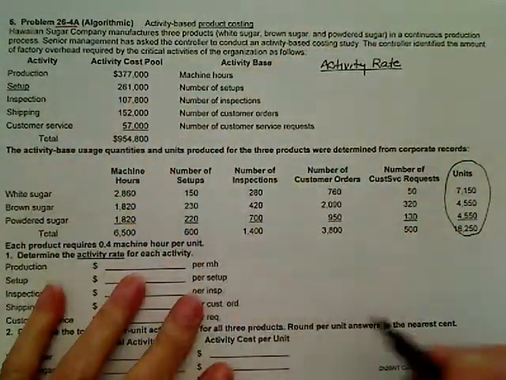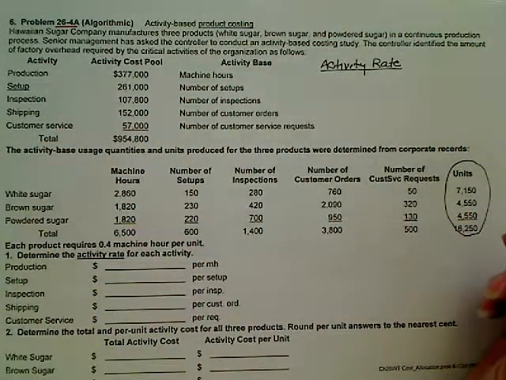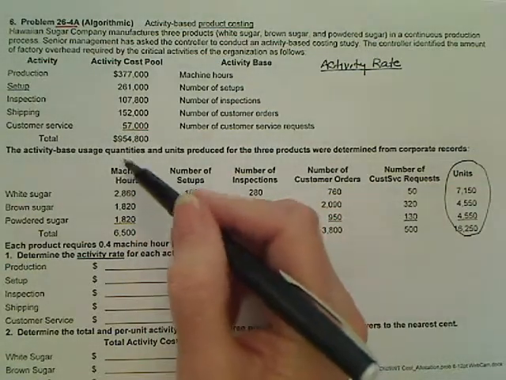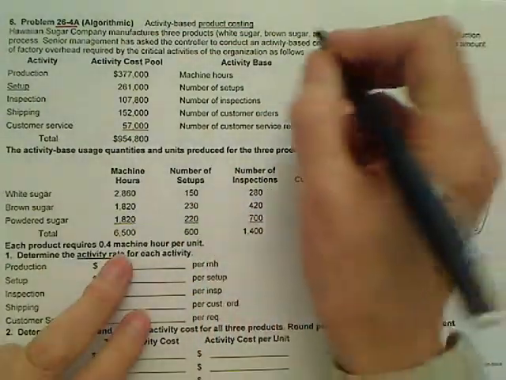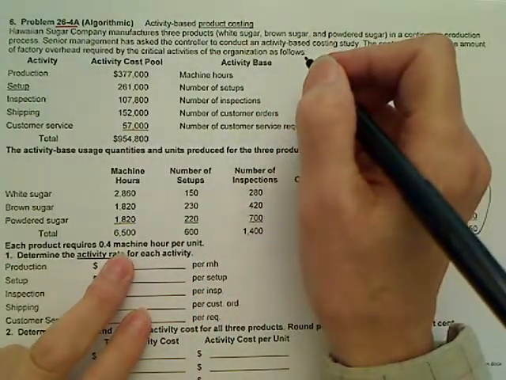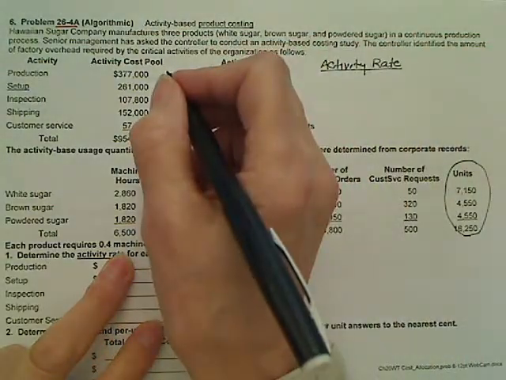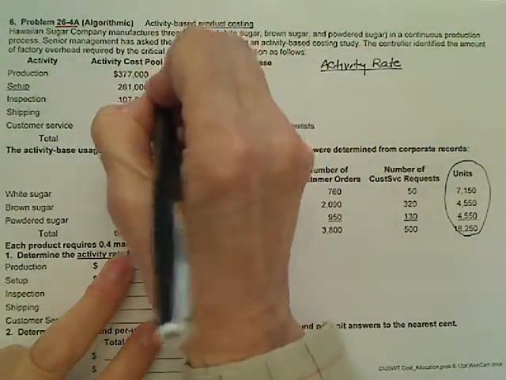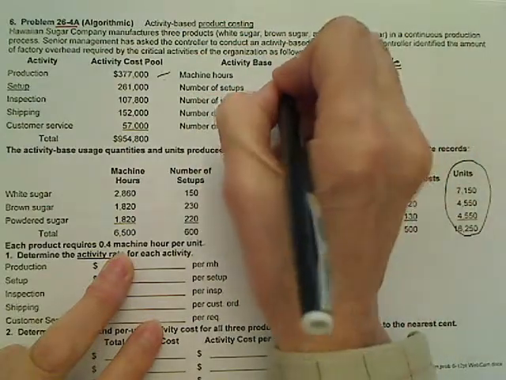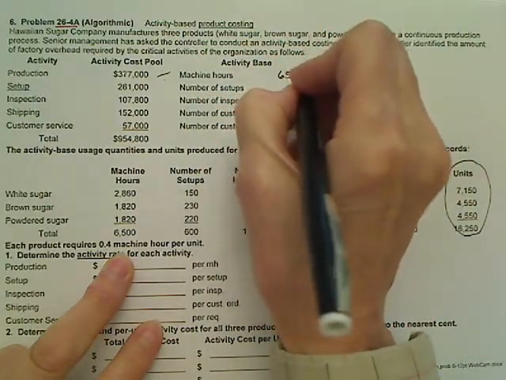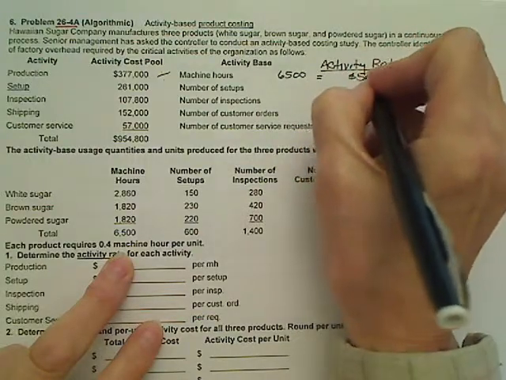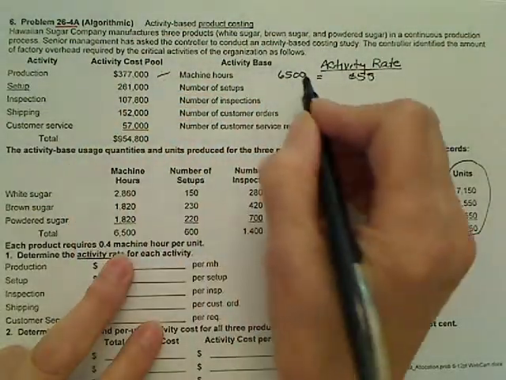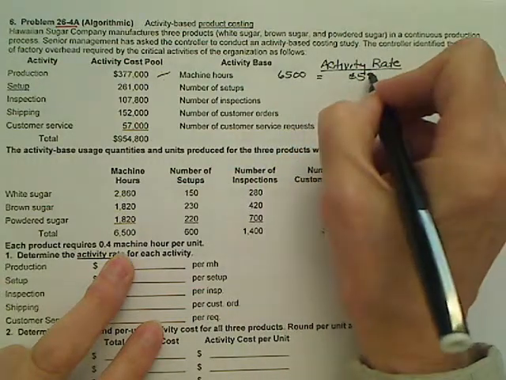Let's look to see where the machine hours are, and you should find this before I lead you into it. So we have machine hours for white sugar, brown sugar, powdered sugar, and they give the total. So we're going to pick up the 377. So we said divided by machine hours, and we can write the number of hours here, and it equals $58. So 377,000 divided by 6,500 is $58.